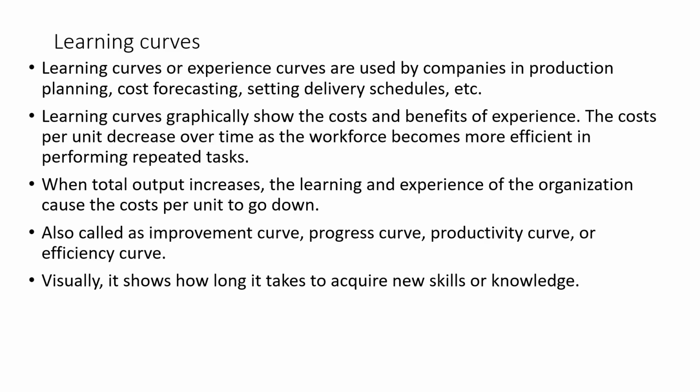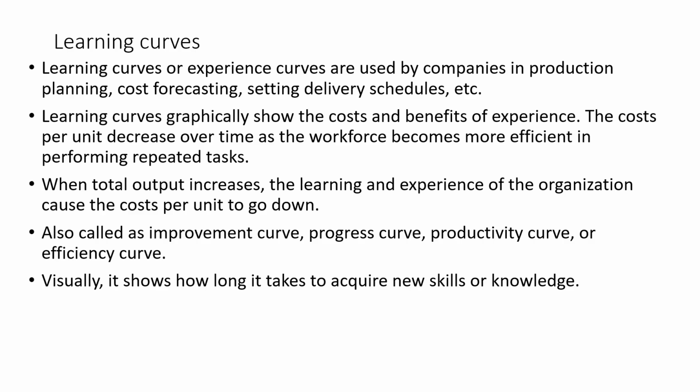So as the output increases, the workers are getting more experience in doing repeated tasks where mechanization is very less. So when they do repeated tasks like assembly line production, like cars and all, in a line the parts of the car will be added. And finally, at the end of the assembly line, you will get the finished car.